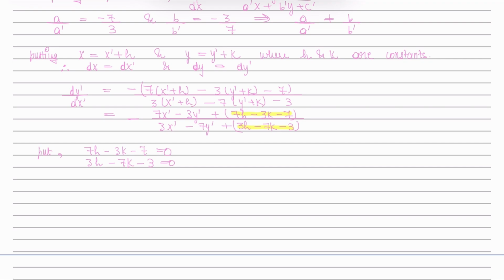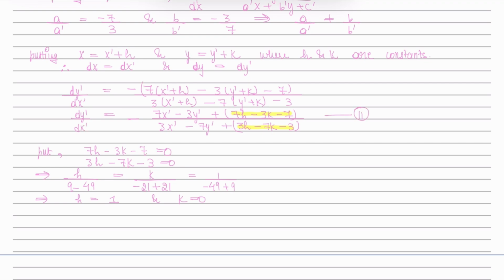According to that formula, it will be h upon 9 minus 49 is equals to k upon minus 21 plus 21 is equals to 1 upon minus 49 plus 9. From here we can say the value of h will be 1 and k will be 0. Let us mark this as equation number 2.